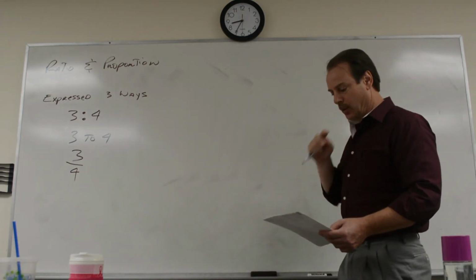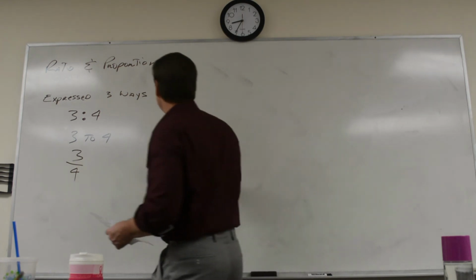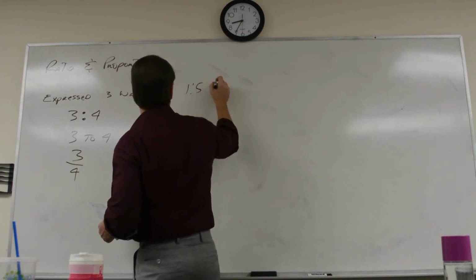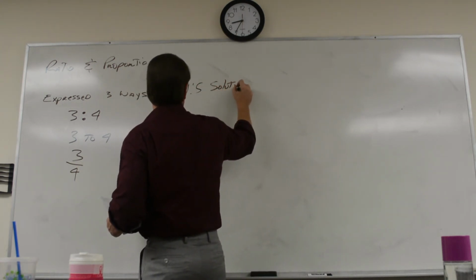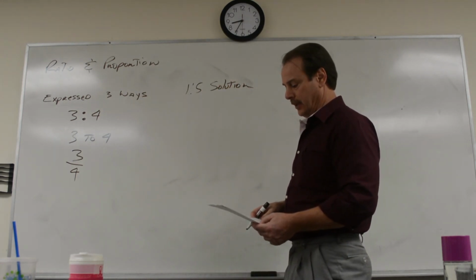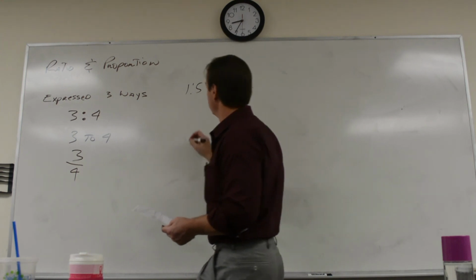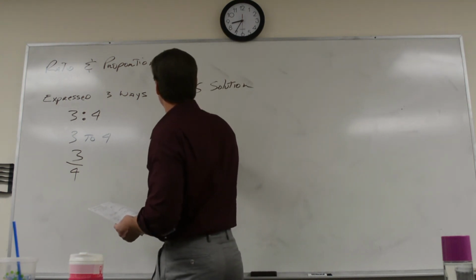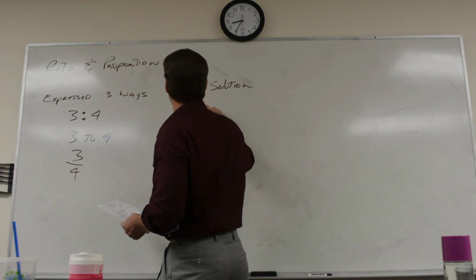Here's another word problem. We have a 1 to 5 solution. So it's 1 to 5, and the solution contains 1 part medication to 5 parts solution. This is 1 part medication, and this is solution.